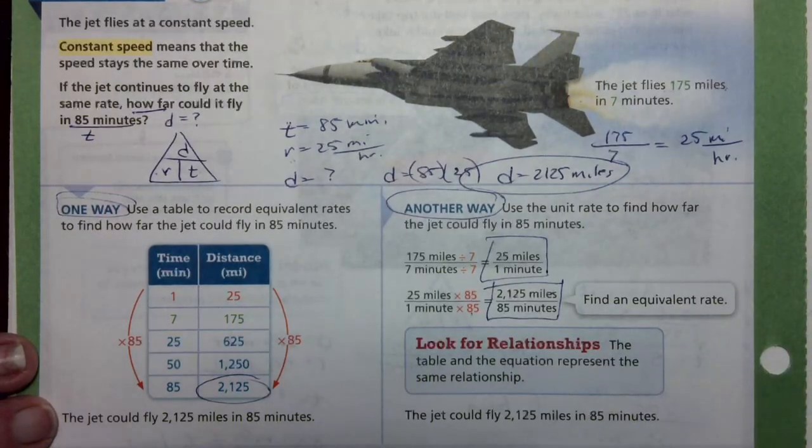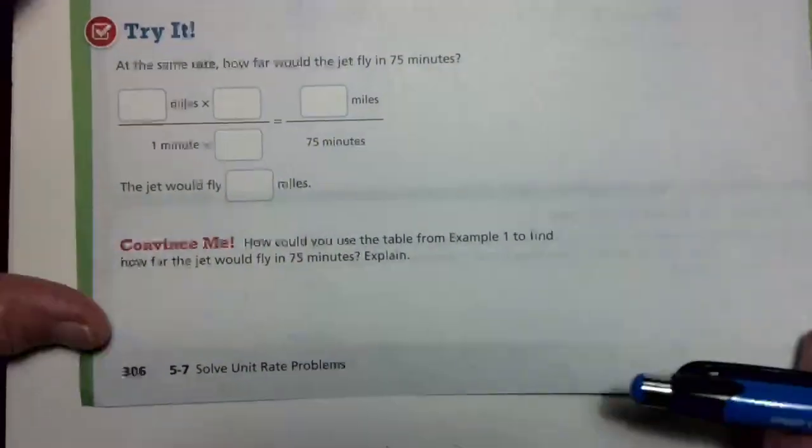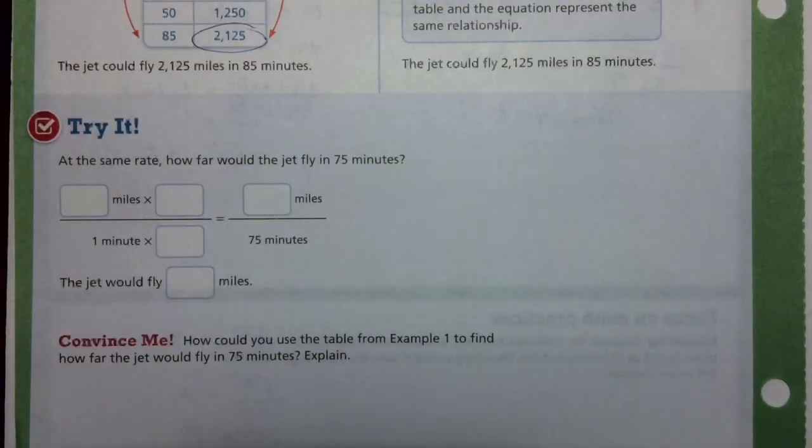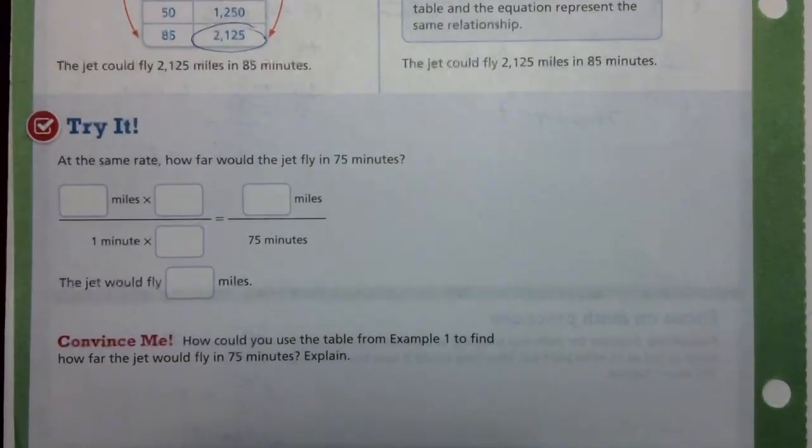All right, let's go to the try it. And we got to look at this because we have to fill in their blanks. At the same rate, how far would the jet fly in 75 minutes?